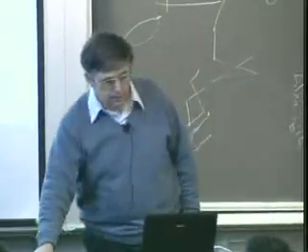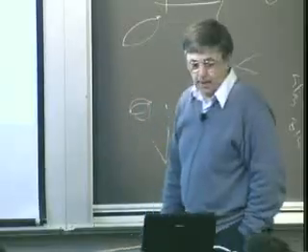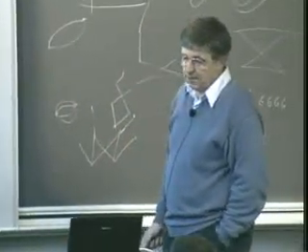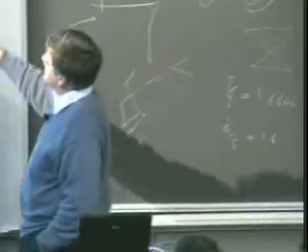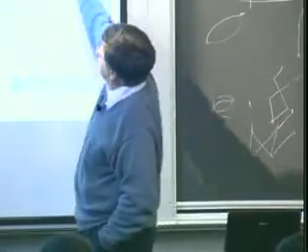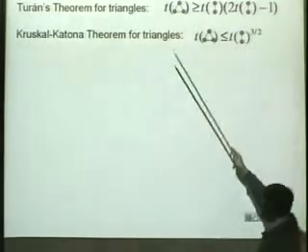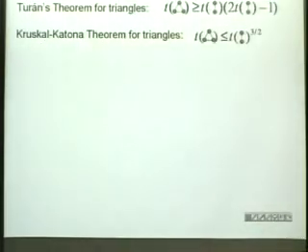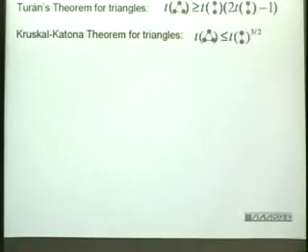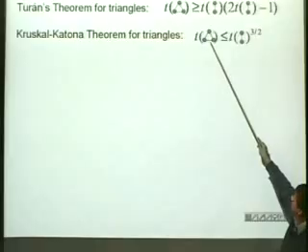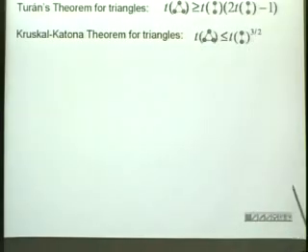The Kruskal-Katona theorem, specialized again, looking at a special case. Turán's theorem tells you the minimum number of triangles given the number of edges. The Kruskal-Katona theorem tells you the maximum number of triangles given the number of edges. And it has this nice form that the number of triangles is bounded by the number of edges to the 3/2.